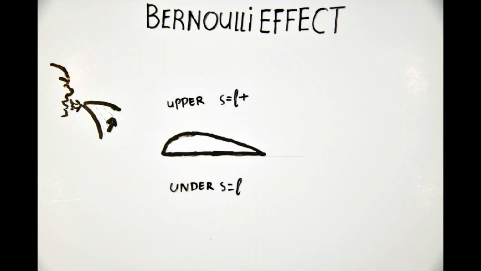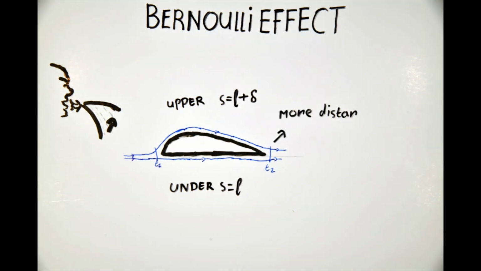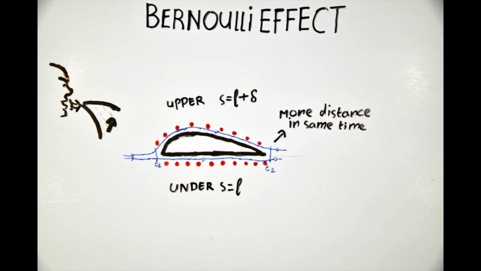The distance the air has to travel over the wing is larger than the distance the air has to travel under the wing. It has to travel more distance in the same time. So the velocity on the wing is higher than the velocity below the wing. So the air on the wing has to accelerate. Because of this acceleration, the distance between the air particles gets larger.